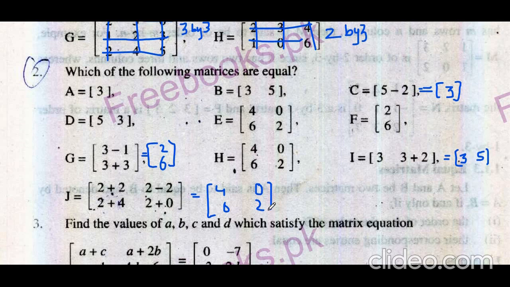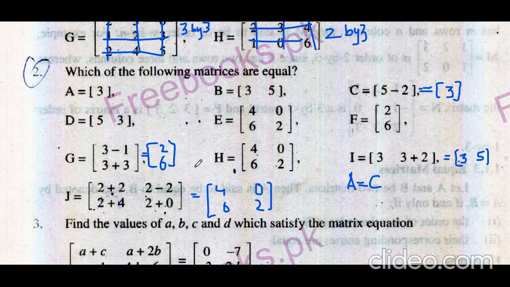For example, matrix A is equal to matrix C. Matrix A and C are equal because the order and the elements or entries of both matrices are the same. We can say that matrix A equals matrix C. Second, B, which is 3 and 5.